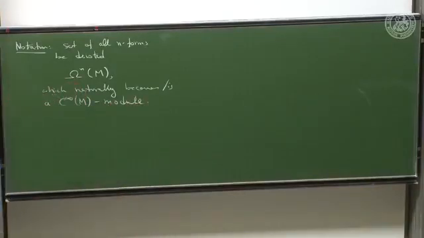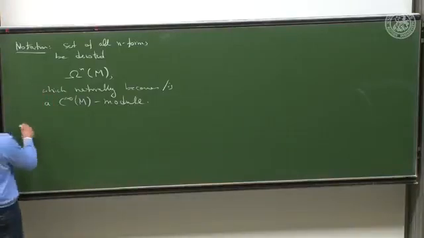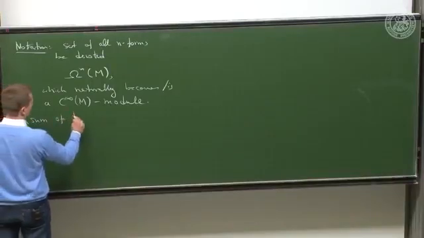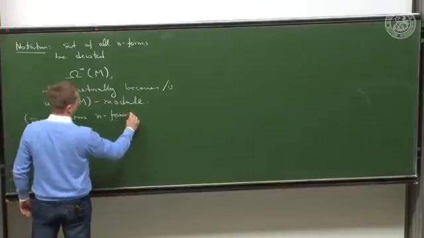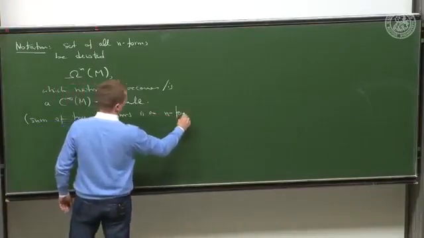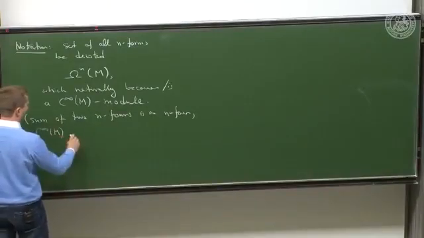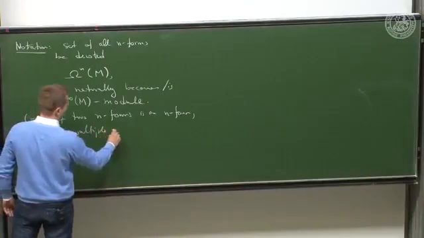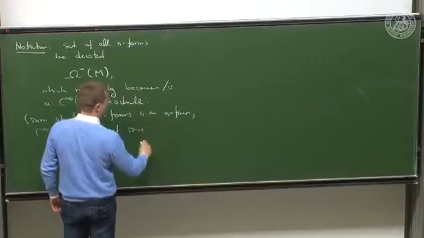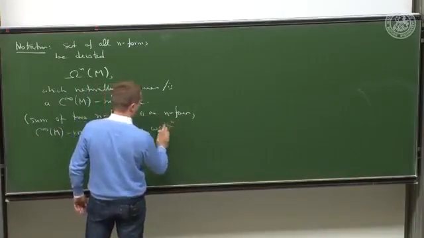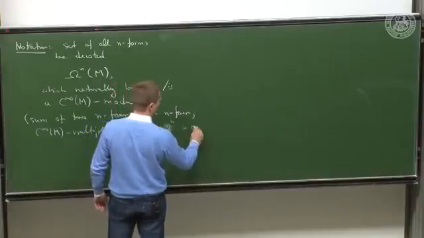Obviously it is, because the (0,n) tensors are a C∞(M)-module, and this is just a subspace of those, a subspace that's closed under addition, obviously, because the sum of two n-forms is an n-form, and the C∞(M) multiple of some omega in Ω^n is again in Ω^n.